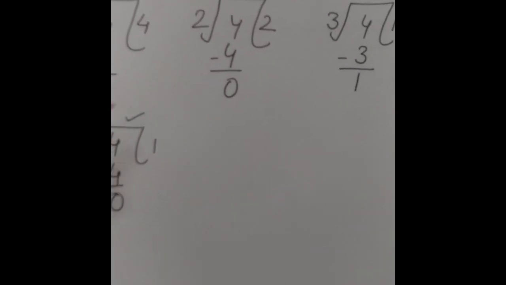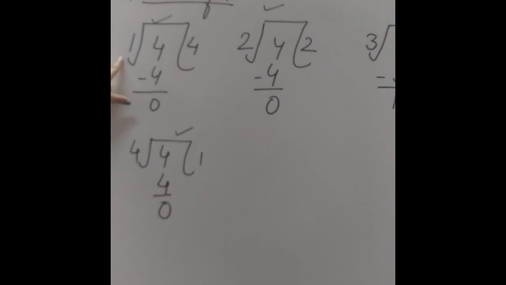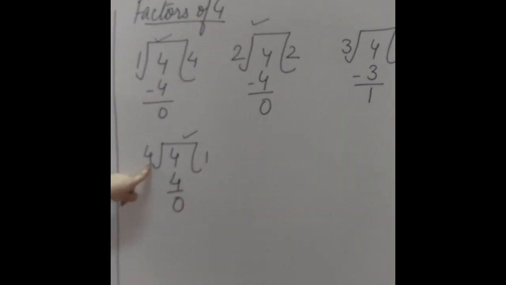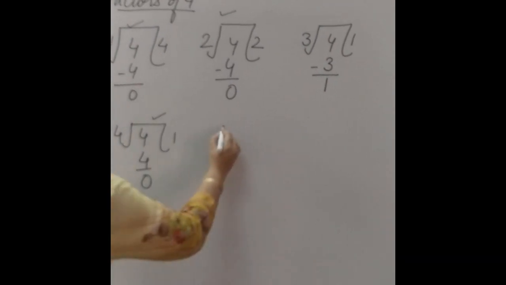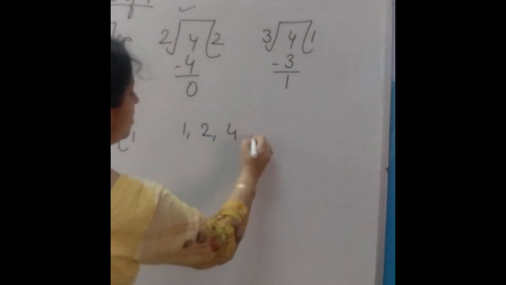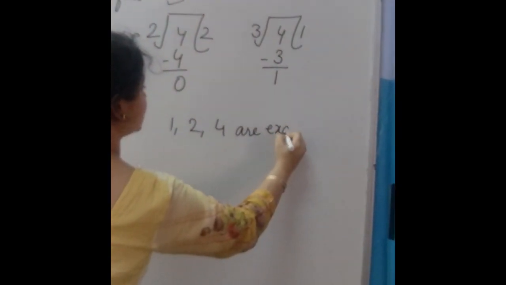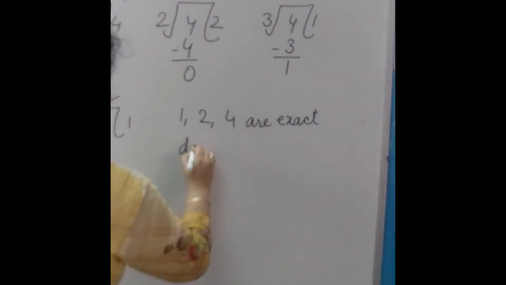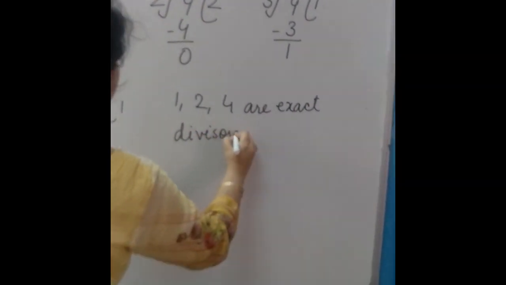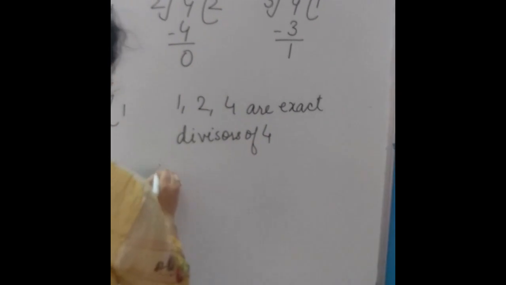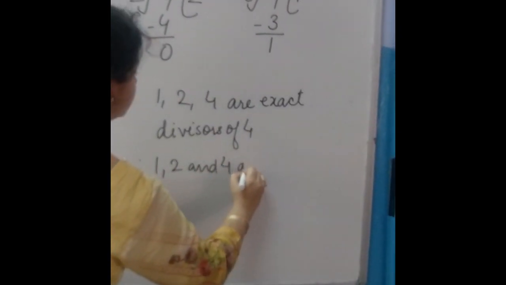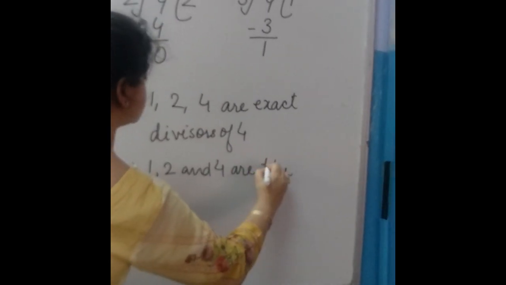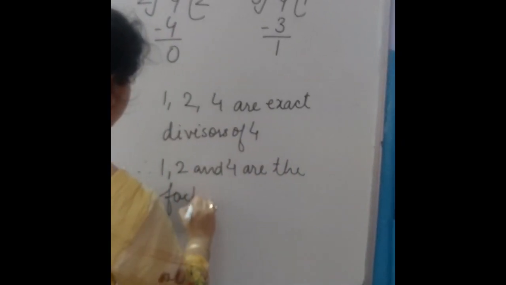So where the remainder is 0, that is 1, 2 and 4, they are said to be the exact divisors of 4. Therefore, 1, 2 and 4 are the factors of 4.